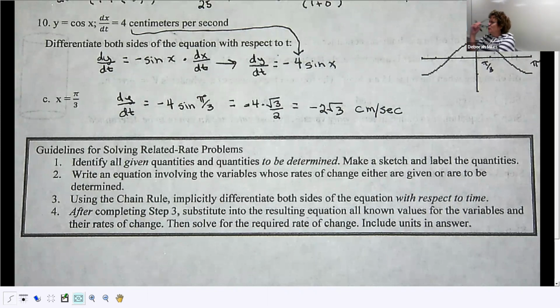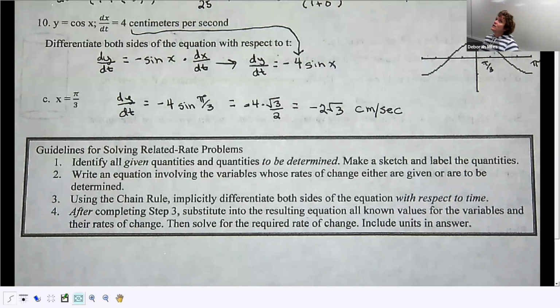So what symbol would we use for the change in radius with respect to time? With respect to time tells you this is a rate of change. It's not just going to be an R or a V or a T. All of our rates are going to be something over dt. So the change in radius with respect to time is dr over dt.